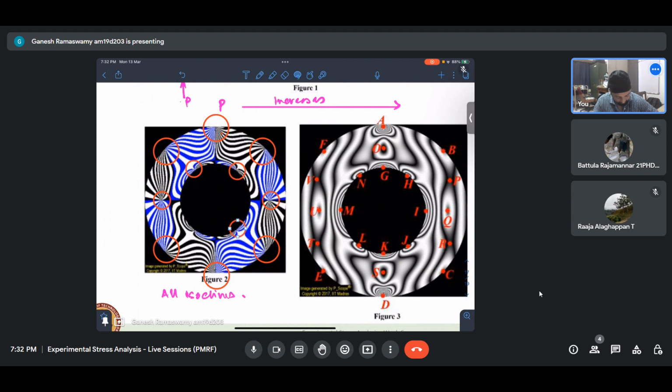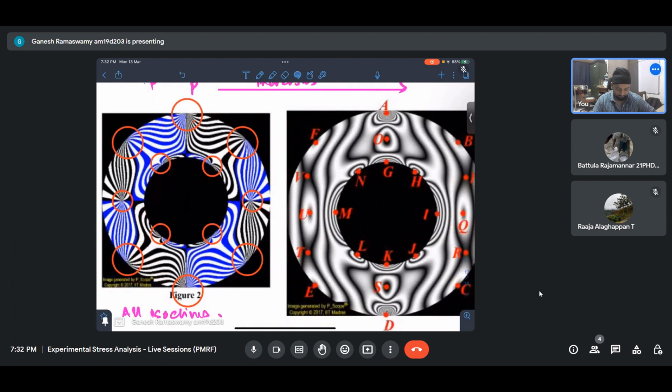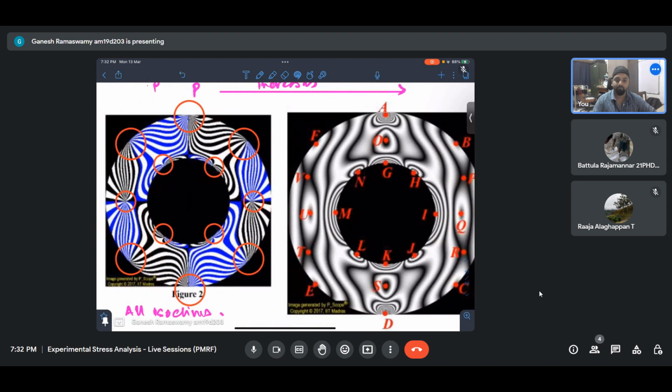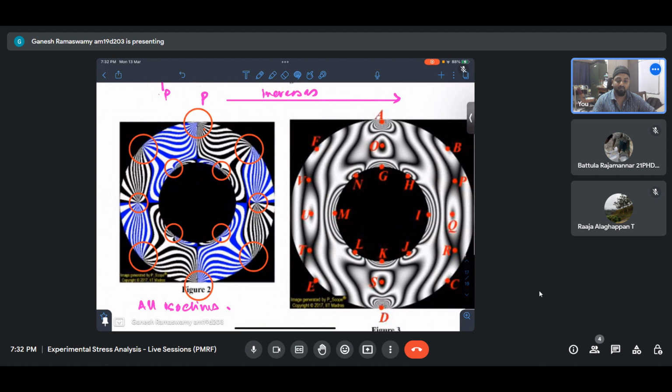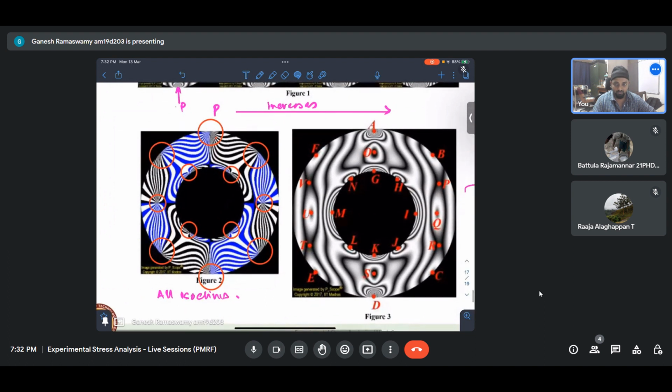Okay, are there any other points where we can see the isoclinics meet? Okay, it takes a little bit of closer look. If you require more time, when I post this, you can just zoom in and analyze it separately.